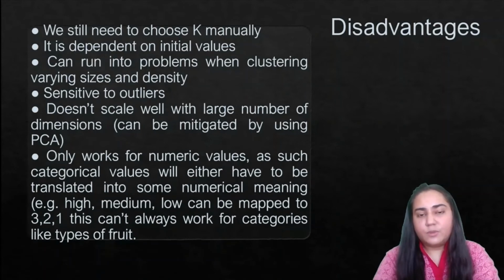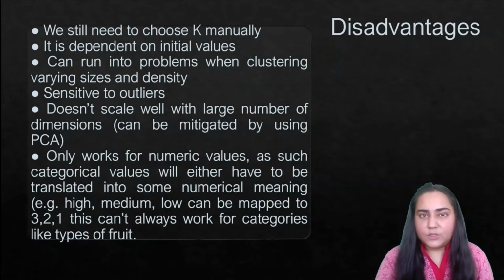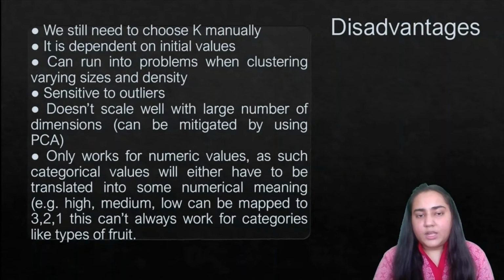It only works for numeric values. Numeric values are just XY points that you can plot. But if you have categorical values, for example high, medium, low, or positive, negative, it's going to be difficult.